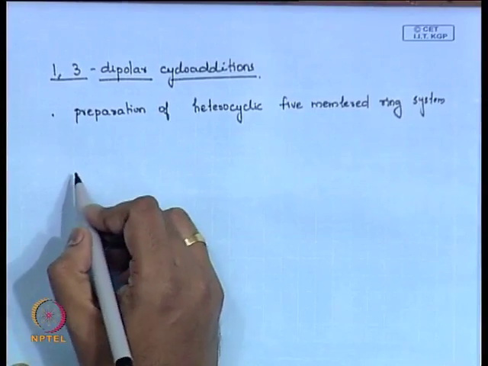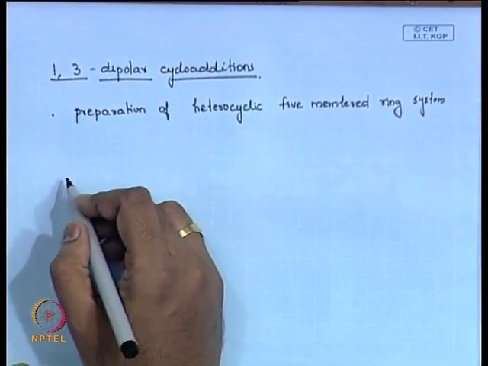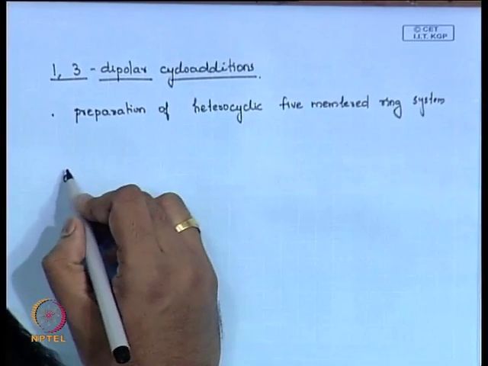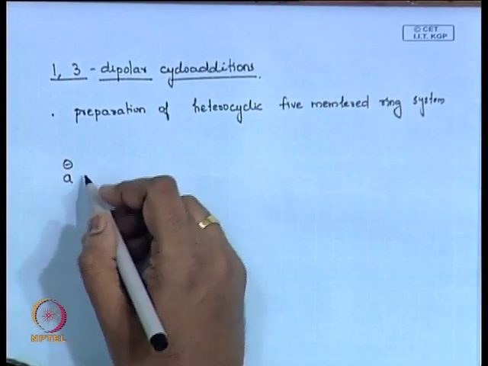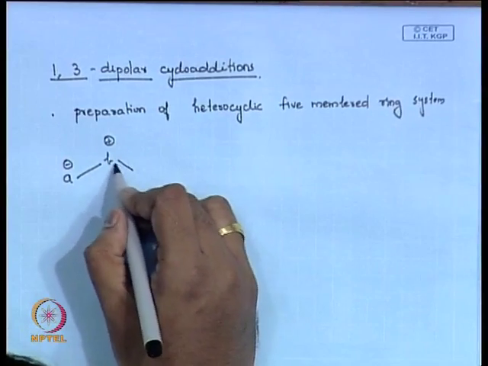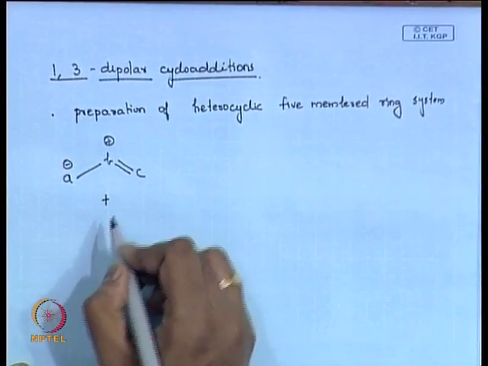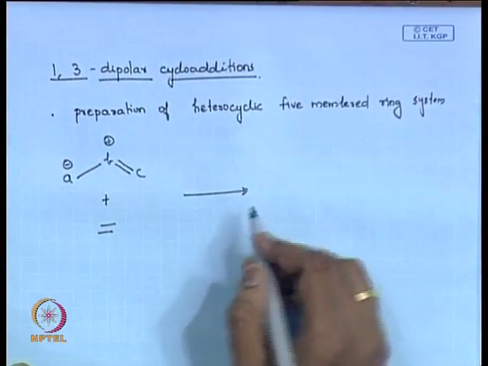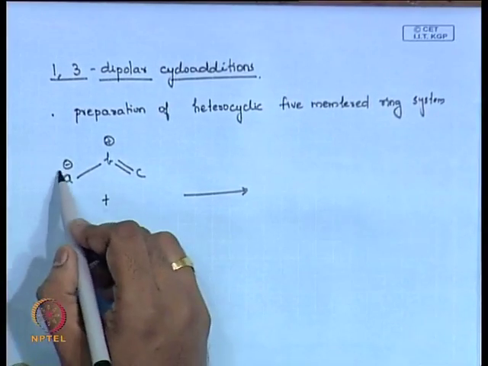If you see, the reactions are straightforward. You have a system like A, B, C minus, a heterocyclic system, plus an alkene.